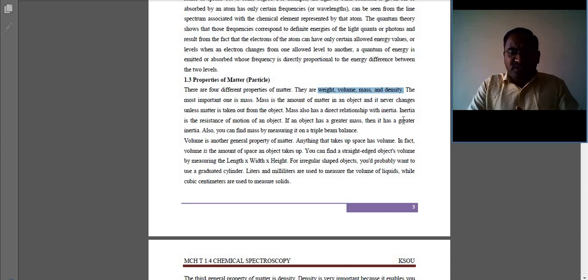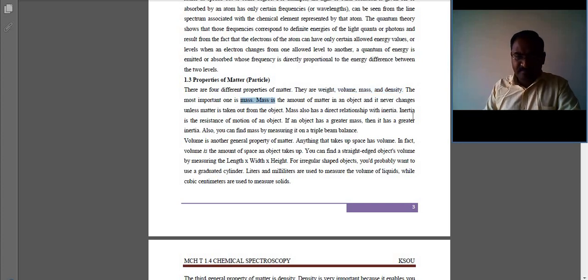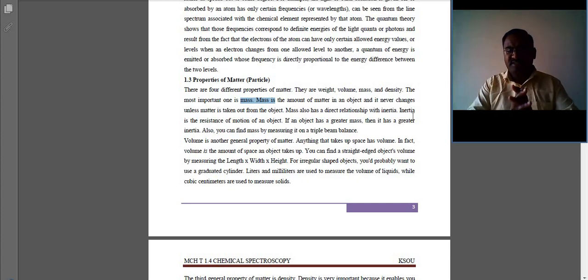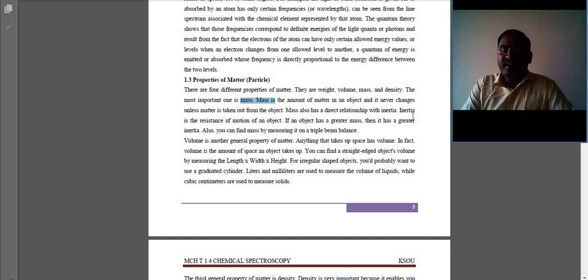Among these, the most important property of matter is mass. Mass means the amount of matter in an object. It never changes unless matter is taken out from the object.